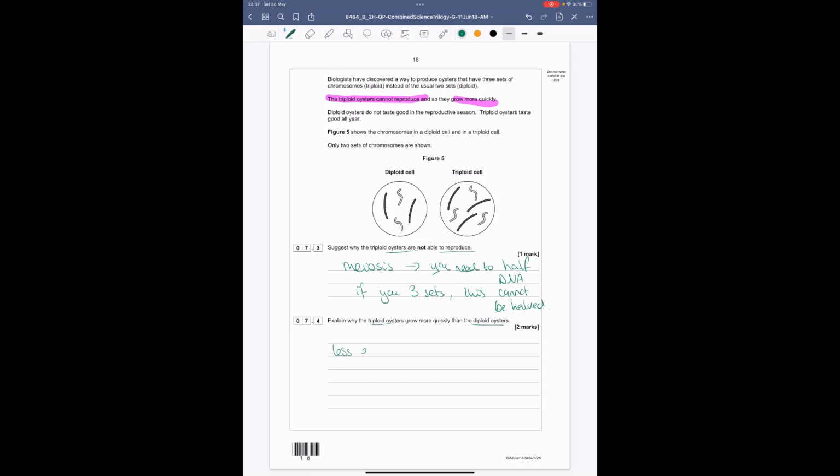So less energy is used reproducing, so more energy is used to grow bigger. Therefore, they are growing bigger and they have more yield compared to the diploid that are spending their energy reproducing.